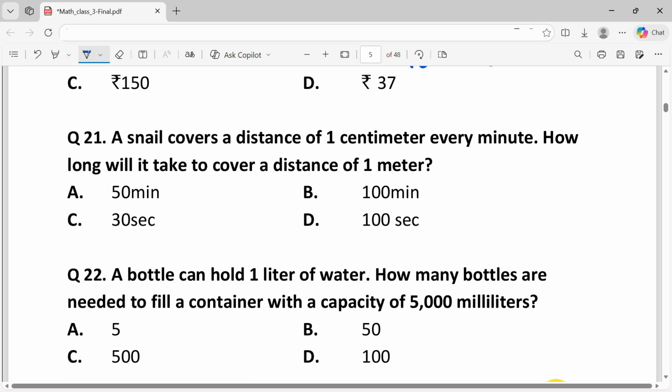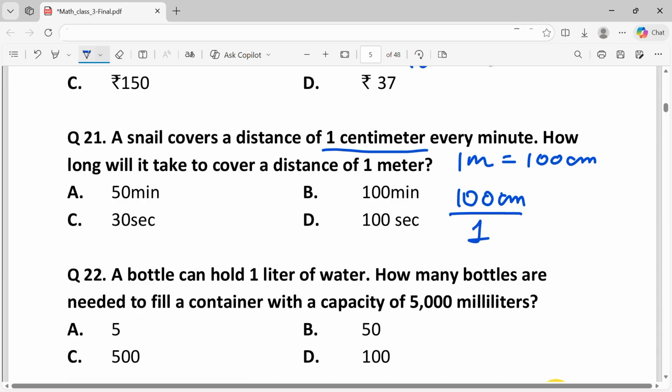We know that 1 meter is equal to 100 centimeters. A snail covers 1 meter in a minute. So the time taken will be the distance covered upon the speed, which is 1 centimeter every minute.